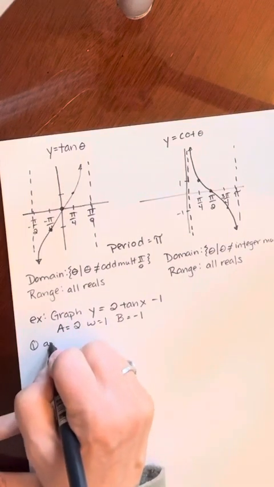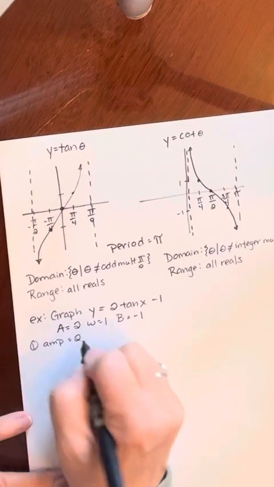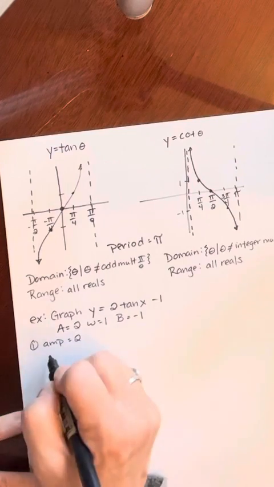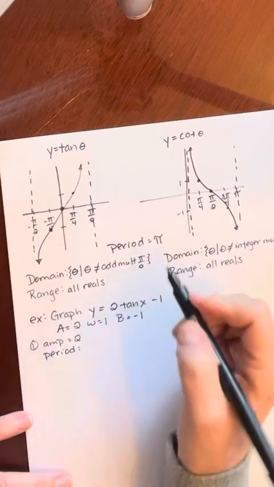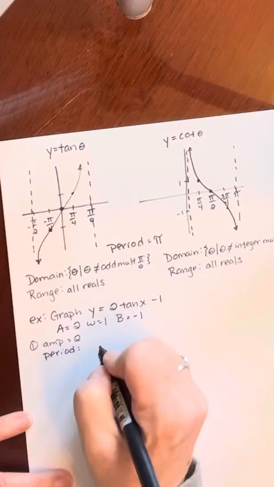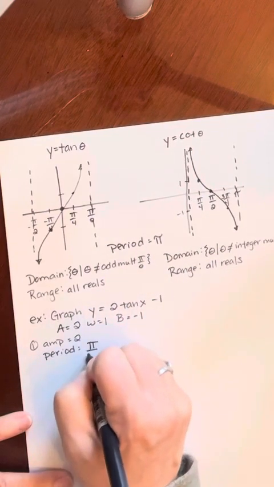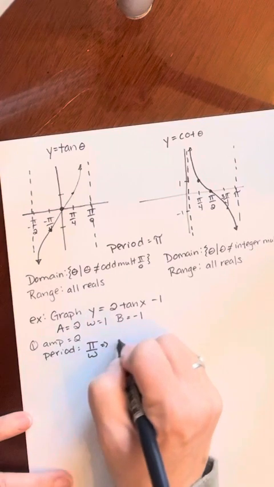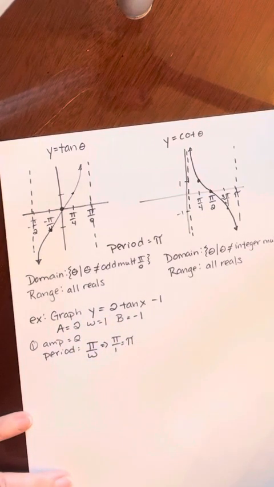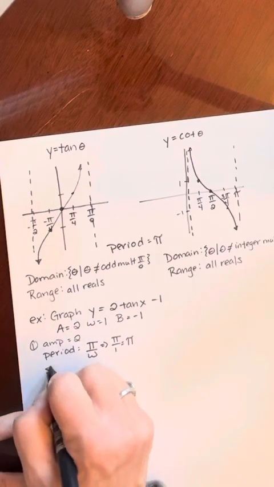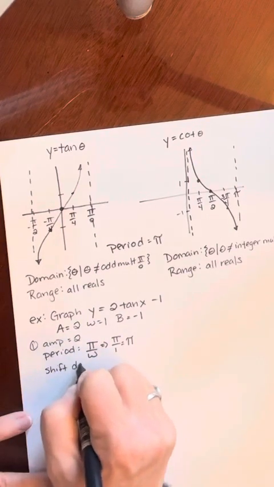Step 1, your amplitude, in this case, is 2. Your period is not 2 pi over omega, but pi over omega. So in this case, it will just be pi over 1 or pi. And then you have a shift down 1.